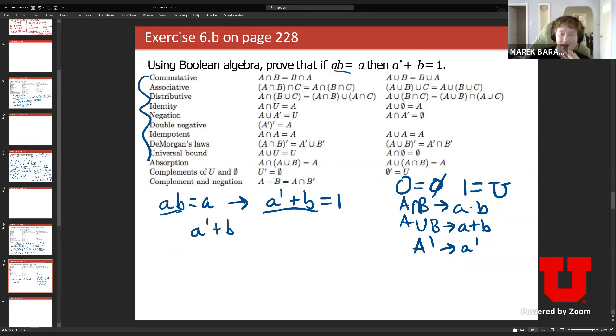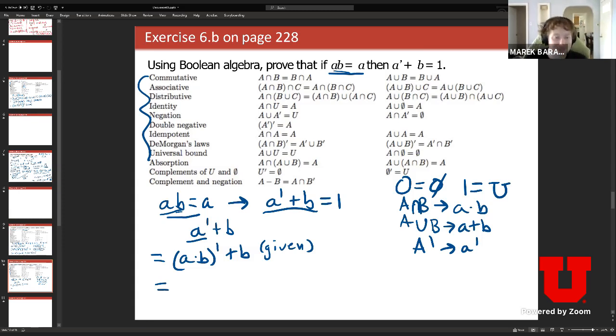So we start with A complement plus B, and we can use the fact we were given to rewrite this A here. So we get A times B complement plus B. And that's because we were given that A equals A times B. And then, in the interest of time, I'll just work through this.